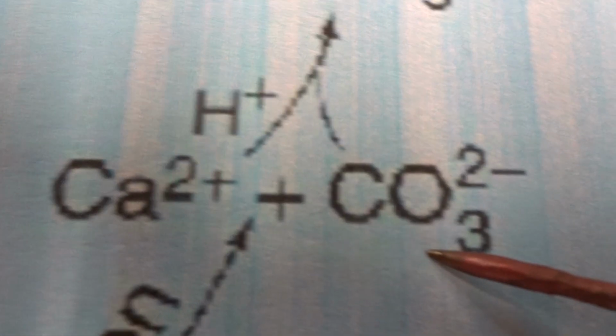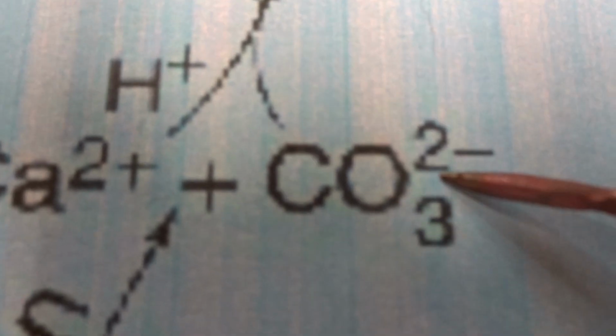By means of dissolution, calcium ions plus CO3 negative 2, this would be carbon dioxide if it was CO2, with the hydrogen ions forms HCO3 negative.